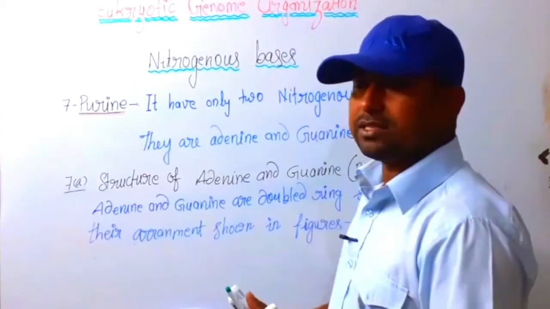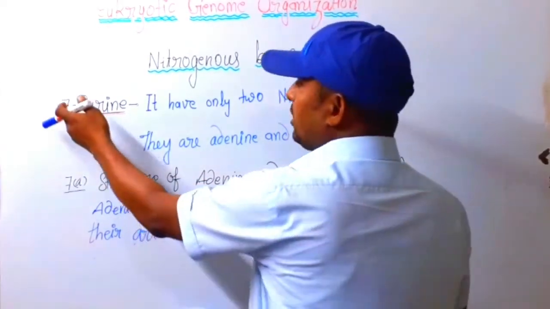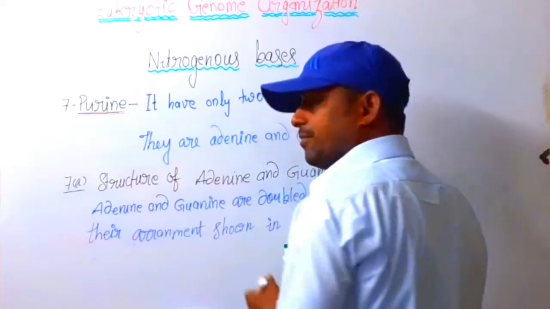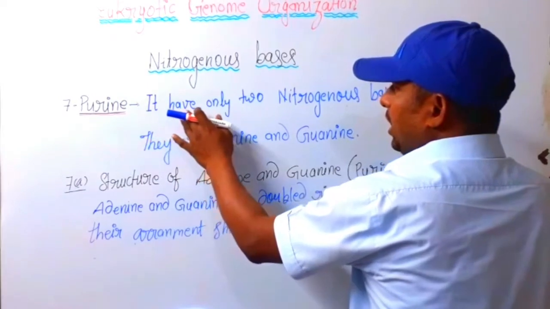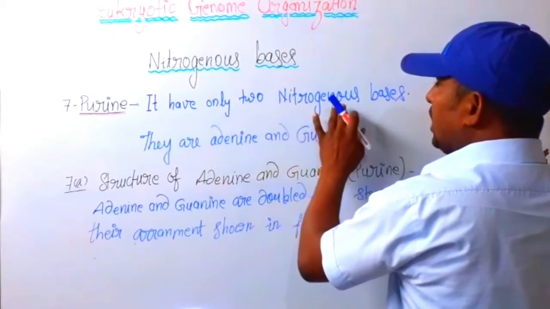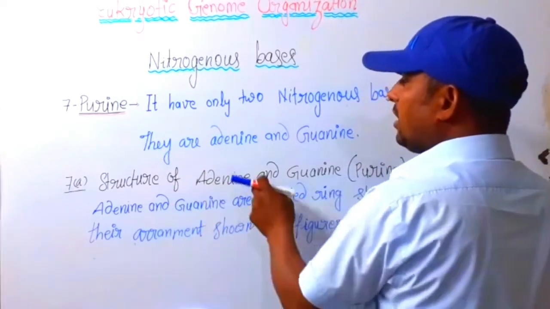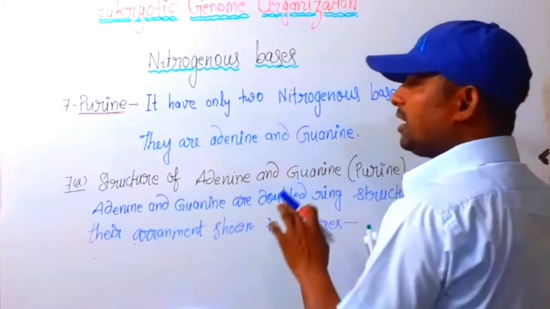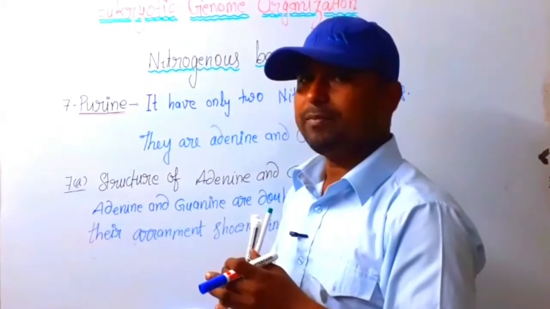We will discuss the nitrogenous bases one by one. Point number 7, purine. It has only two nitrogenous bases. They are adenine and guanine, as we classified before.